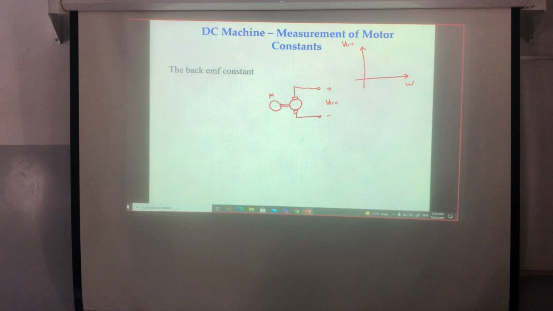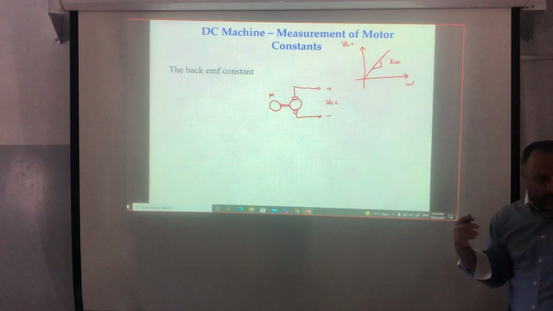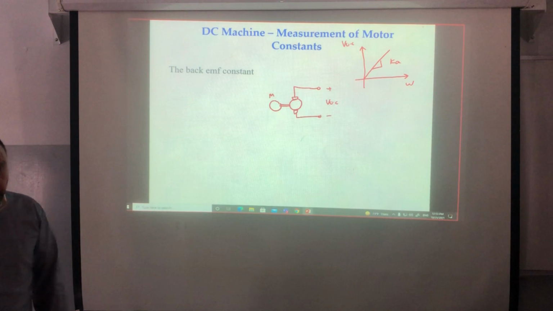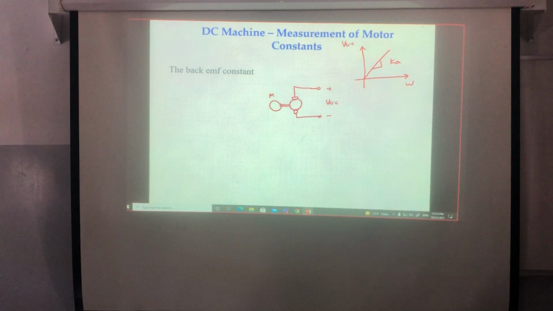It will be some kind of straight line. The slope of that is Ka. If I'm having Ka, I'm having Kt, if I'm describing Ka in volts second per radian. Correct? Good. Now, how can I calculate or measure the inertia and the viscous friction?